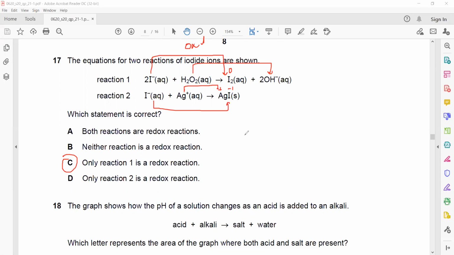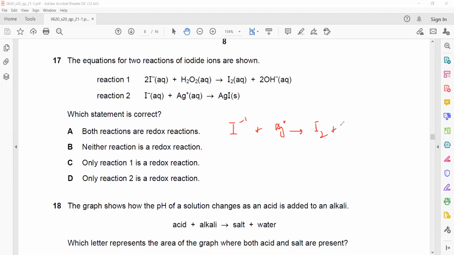Iodide -1 becomes 0. If -1 changes to 0, it means oxidation happened. So the other substance which is reacting should be reduced. So this is a redox. But why is this not a redox reaction? Because in a compound the oxidation state is the same as the valency. If they form an element, for example, when iodide ion and silver ion form a silver atom and iodine molecule, then it will be a redox reaction, because in element form their oxidation numbers are 0.